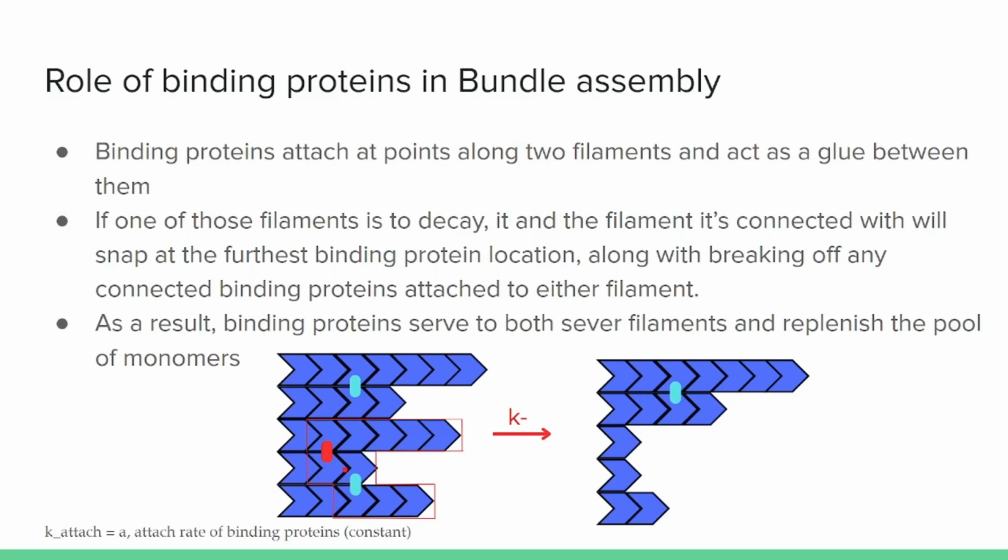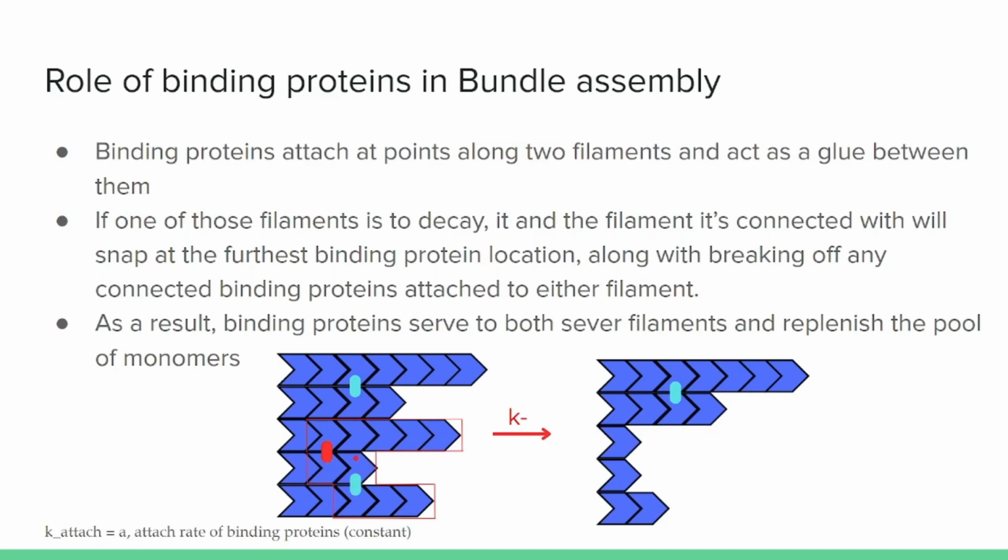And as a result, this third filament is losing all 5 of these monomers, while the fourth filament is losing these 2 monomers, and the fifth filament is also losing these 3. Now, why is the fifth filament losing those 3 monomers? Because of the binding protein that is glued on between the fourth and fifth filament.